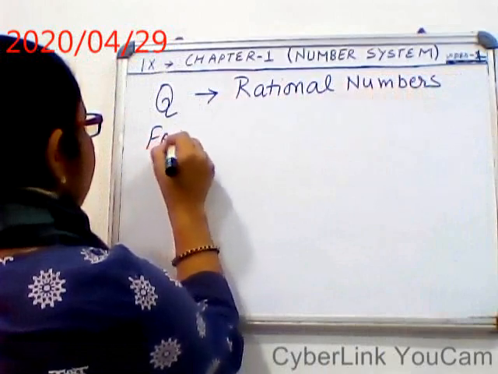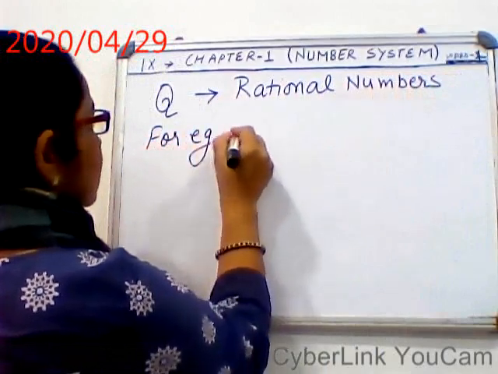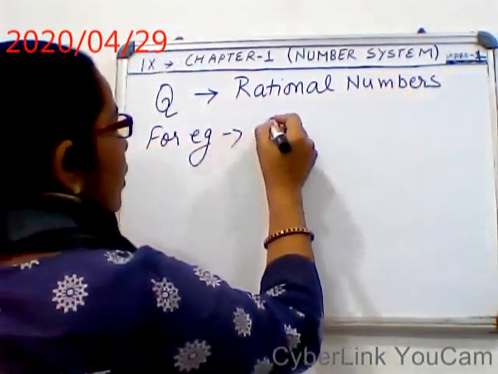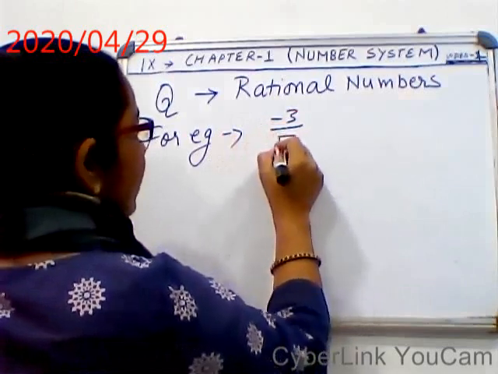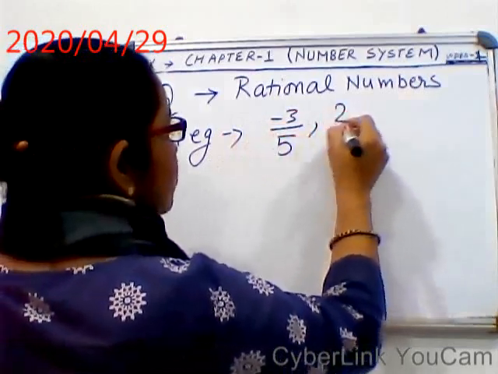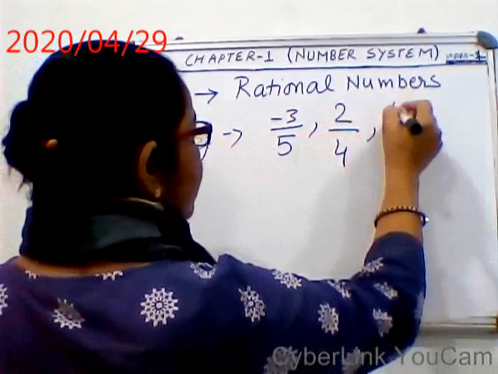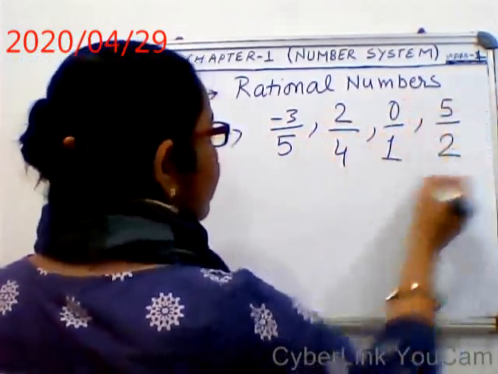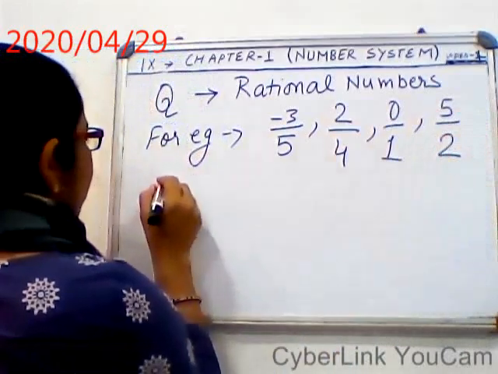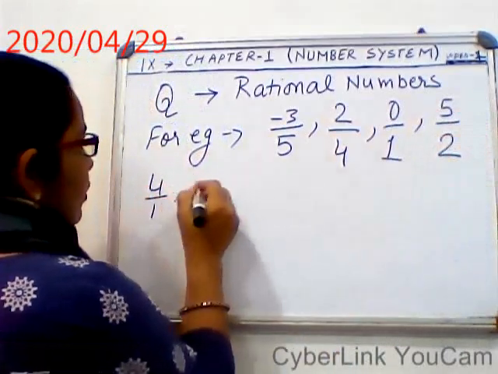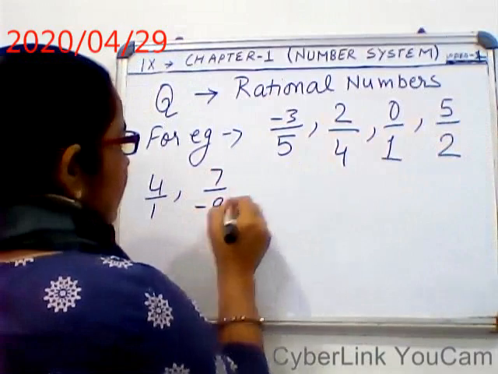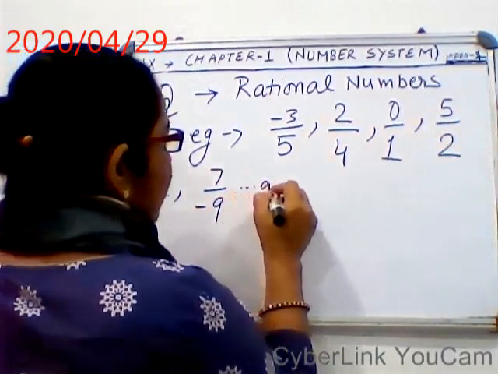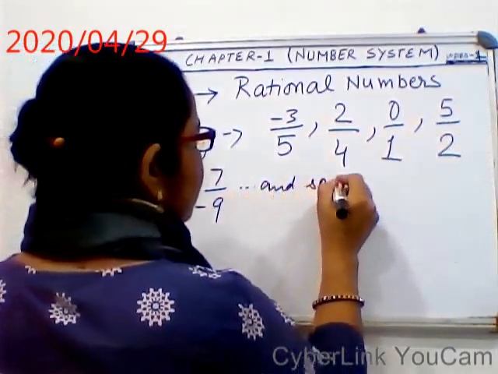For example, minus 3 by 5, 2 by 4, 0 by 1, 5 by 2, or you can say 4 by 1, 7 by minus 9, and so on.